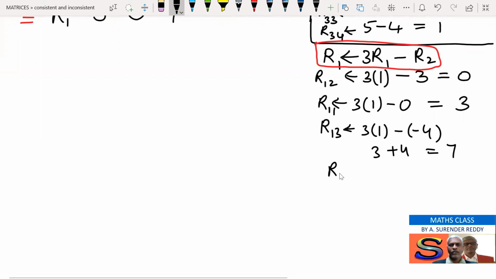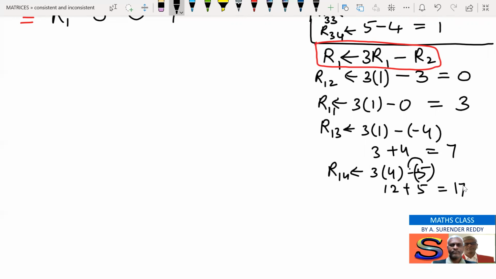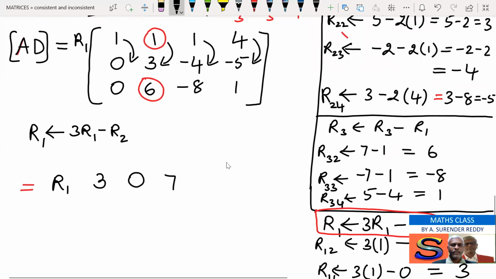So R14 లో 3 into 4, 12 minus 5. Minus 5 కాబట్టి minus will become plus, that is 17. This is 17. So R1 values అన్ని change అయిపోయినాయి.